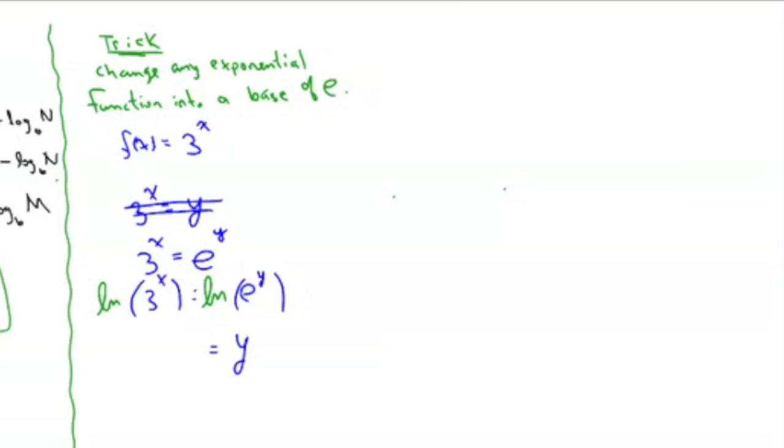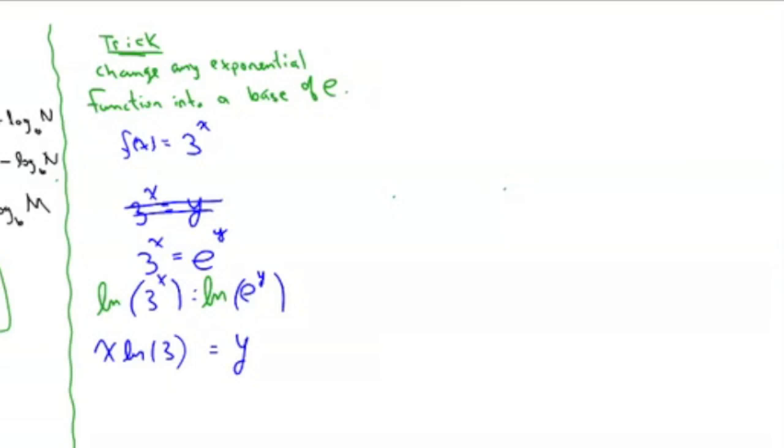Over here, we can use a law of logarithms. If you have a log of something raised to a power, what can you do with the power? You can take the power and put it right in the beginning. So this x that's up here can now go out front, and you get x ln of 3. Thus, in essence, solving for y.